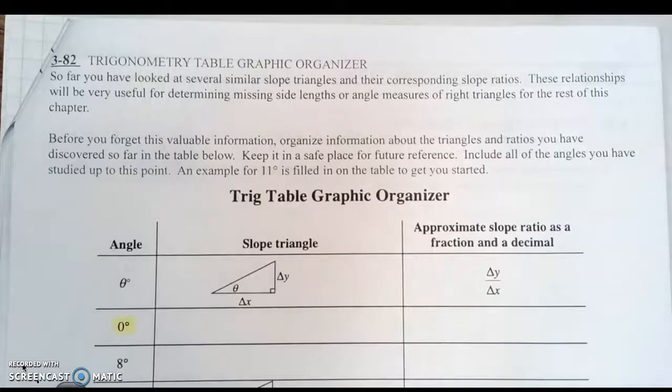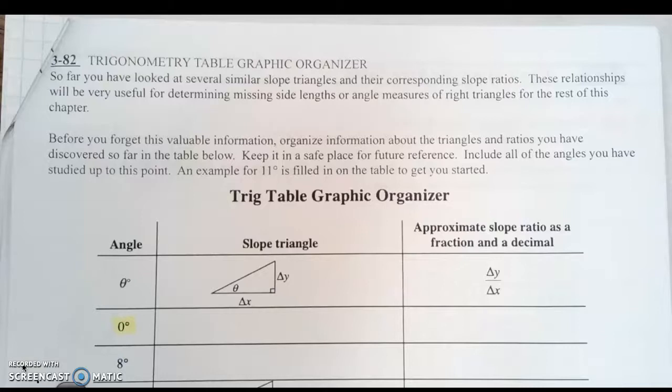Okay, flip over to the top of page 21. Question 82 says trigonometry table graphic organizer. So far, you have looked at several similar slope triangles and their corresponding slope ratios. These relationships will be very useful for determining missing side lengths or angle measures of right triangles for the rest of this chapter.